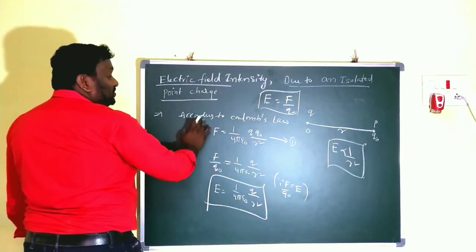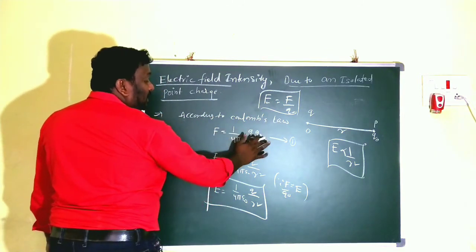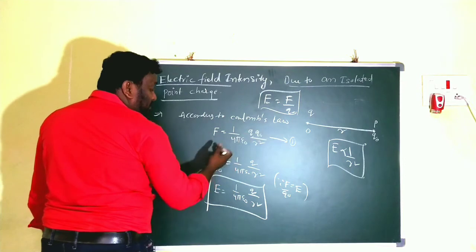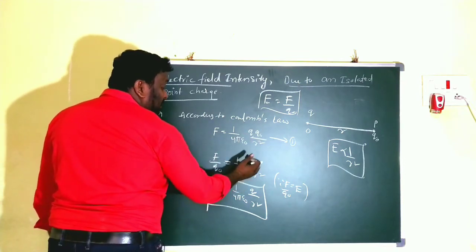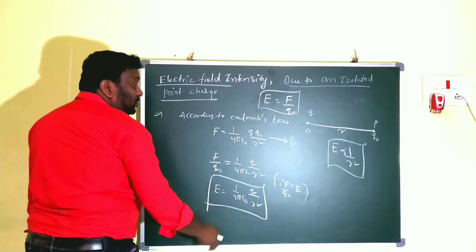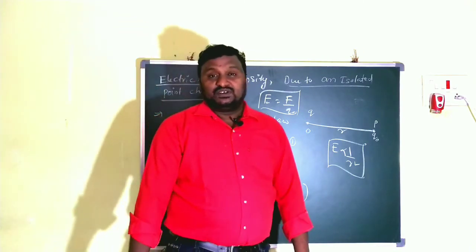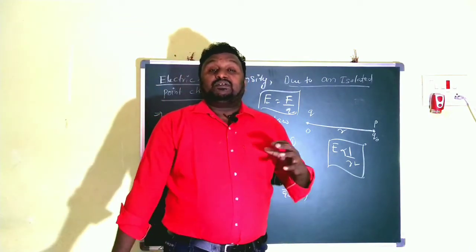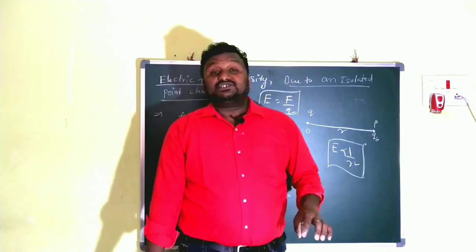For that, by using Coulomb's law, we can write F is equal to 1 by 4 pi epsilon naught Q Q naught by R square. From that, we bring Q naught this side. Then F by Q naught is equal to 1 by 4 pi epsilon naught Q by R square. Here, this value means E. Then E is equal to 1 by 4 pi epsilon naught Q by R square. This is the relation for electric field intensity due to an isolated point charge.